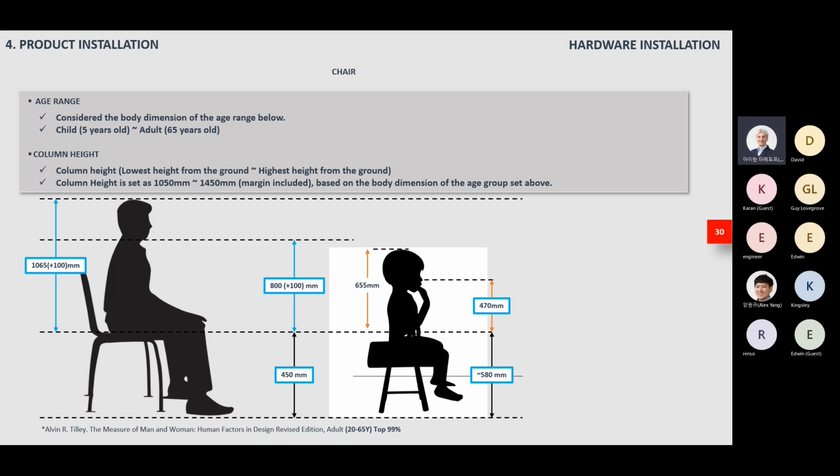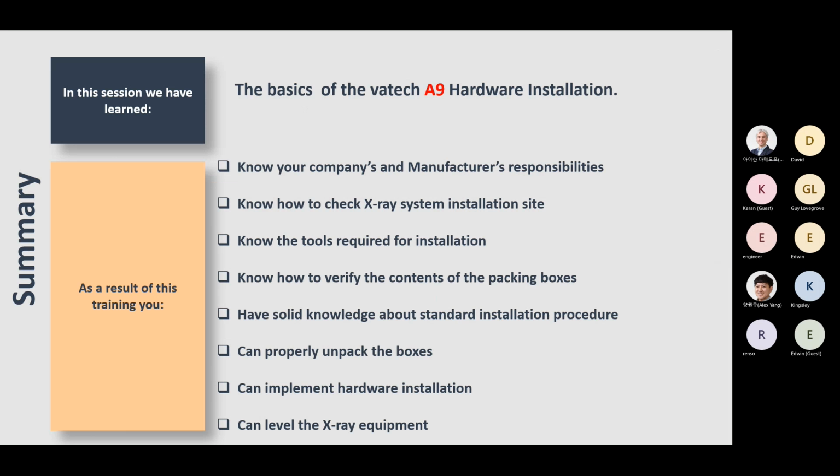So there shouldn't be any issues with adjusting the column and the chair and the patient in order to acquire proper images. All right, this is pretty much about the hardware installation.